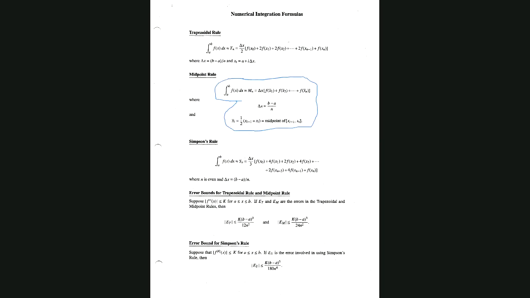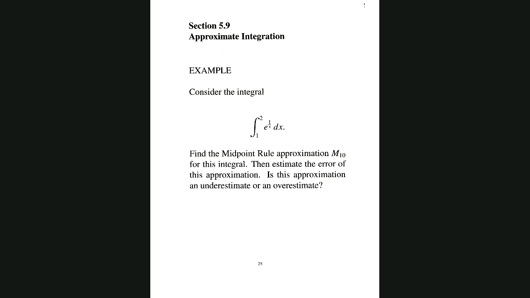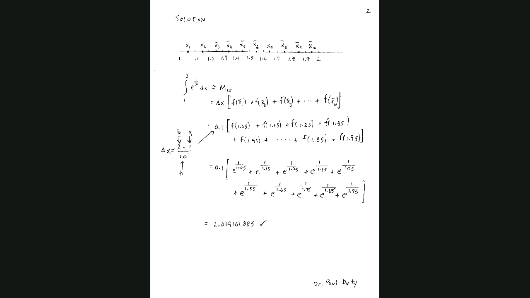And in order to use the approximation, we need to establish what our midpoints are going to be. So the integral goes from 1 to 2. To start the solution off, I'm going to draw a line segment that goes from 1 to 2, and I'm going to break it up into 10 subintervals, because remember, we're looking for M sub 10.